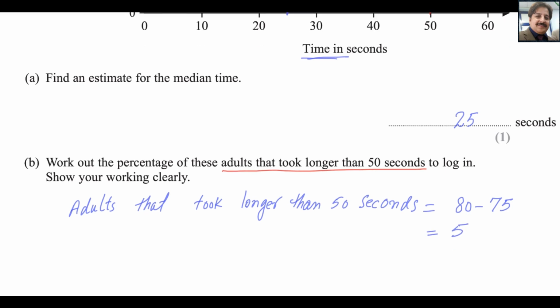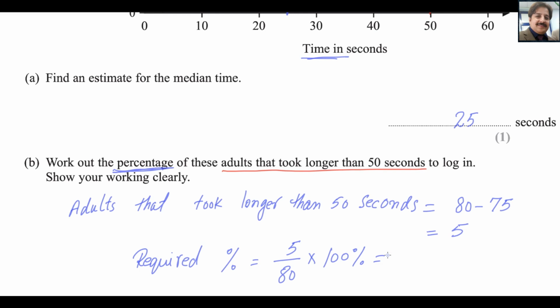Because we want to find the percentage of these adults, so 5 out of 80. You can write here the required percentage. Because the 5 adults are there, divide by 80, out of 80 adults, that are taking more than 50 seconds to log in. So you multiply by 100 to get the percentage.